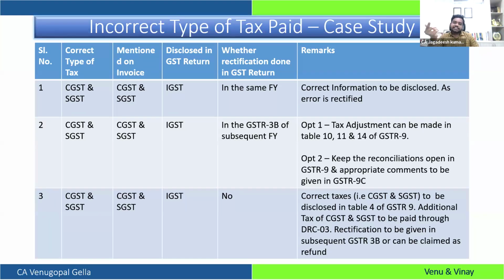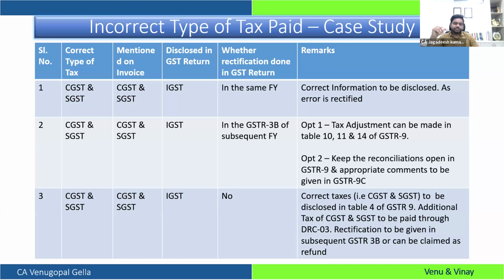One, tax adjustment can be made in table 10, 11 or 14 of GSTR-9. Or you don't do any adjustments in the GSTR-9. Obviously, you will get the difference in the GSTR-9C, that is in the tax payable column, the tax liability reconciliation table. In that, you can mention the reason for this difference. So these are the two options.